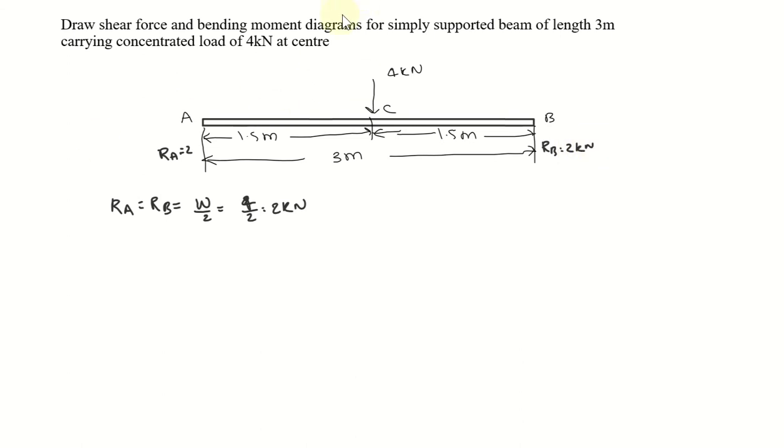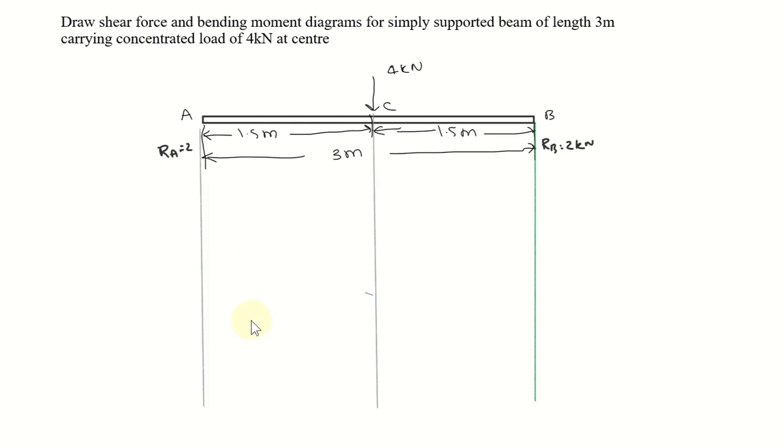So if we try to find out the shear force, we can draw simply the shear force directly. So let us try to draw now directly. This is the reference line we have.